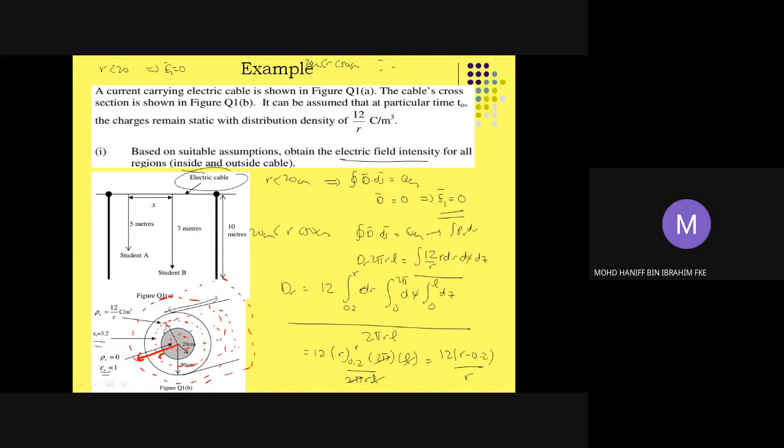So basically from this D, we can find the vector D straight away. The vector D for that region will be 12 times (R minus 0.2) over R in the direction of R, and as such you can see that the electric field intensity E2 shall be equal to 12 times (R minus 0.2) divided by R epsilon, in the direction of R. So that should be our electric field for region number 2.